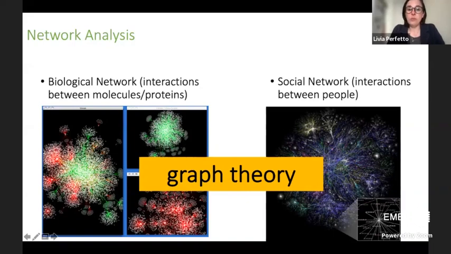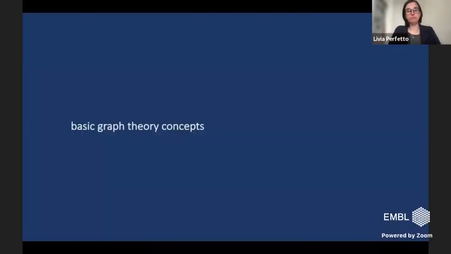So this is a very studied discipline. There is a new discipline in systems biology called network medicine or network biology, which has proven to be very useful and very powerful in analyzing the biological behavior of a system.